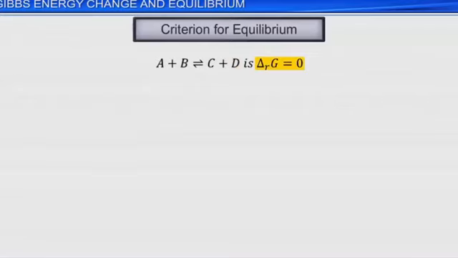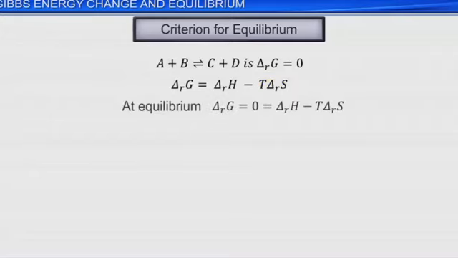Delta Rg is the Gibbs energy change for the reaction and is equal to the difference in the enthalpy change of reaction, delta Rh, and product of temperature T and entropy change of reaction, delta Rs. At equilibrium, delta Rg equals 0, which means that at equilibrium, delta Rh equals T delta Rs.